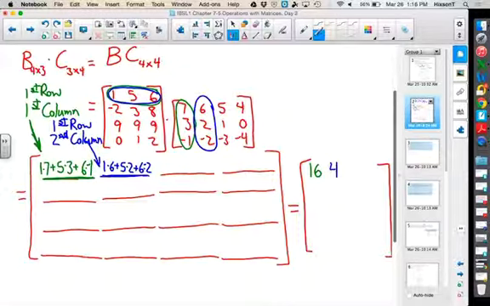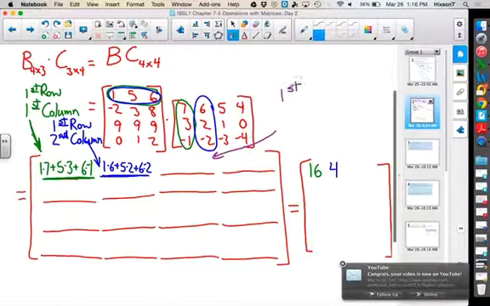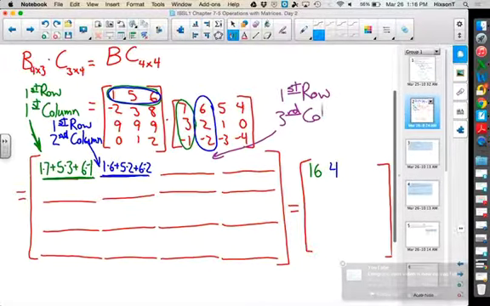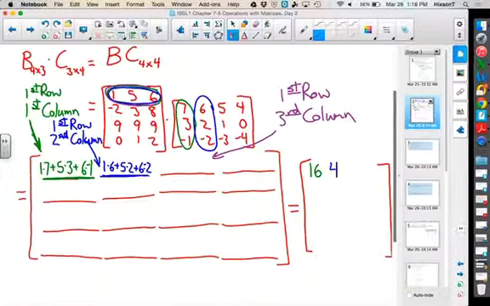Let's do another one. This element here is first row, third column. So again, I'm using this first row, but now I'm using the third column.